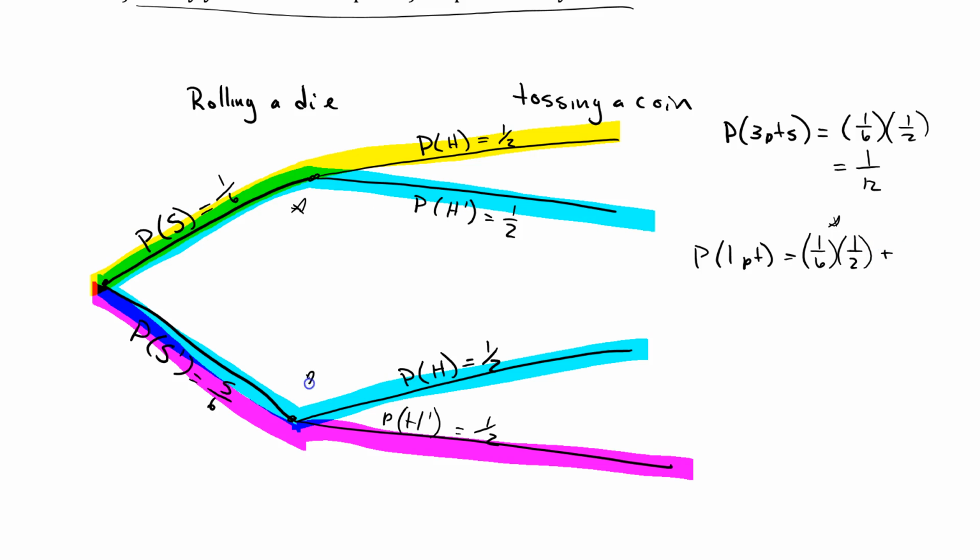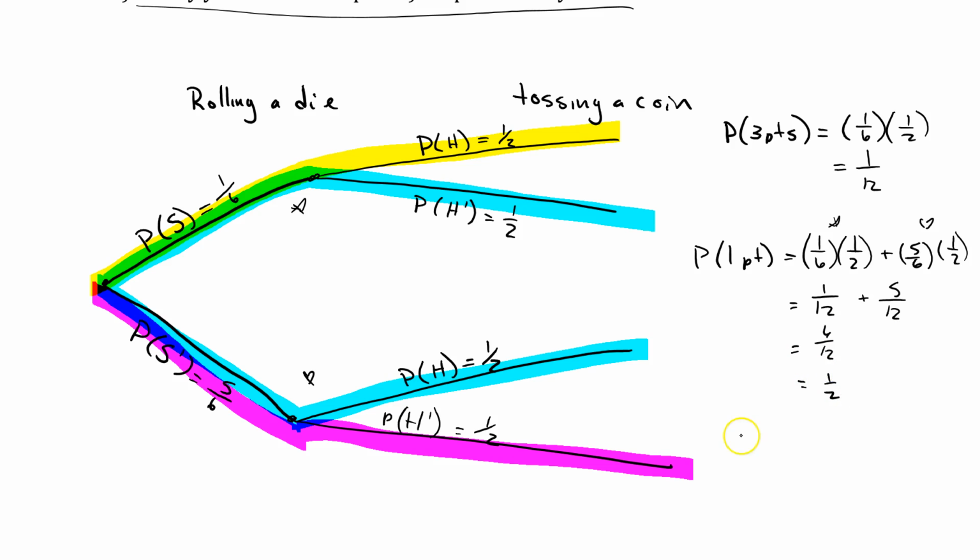Plus, and I'm just going to give this guy a little heart, 5/6, so rolling not 6, but then tossing heads. Just so that you guys know where that came from. It's going to be 1/12 plus 5/12, which is 6/12, which is just going to be 1/2. Wow, half the time you're going to get 1 point.